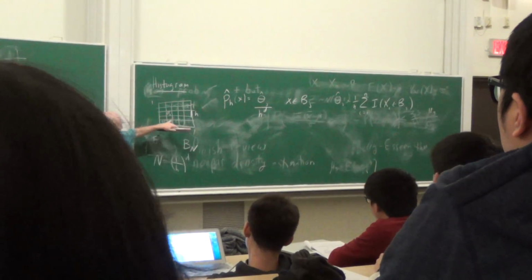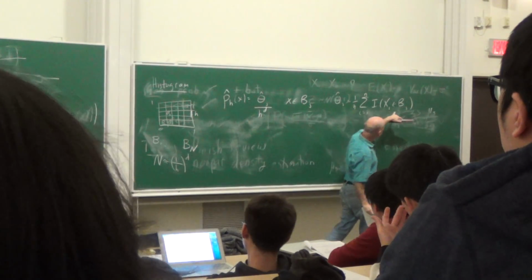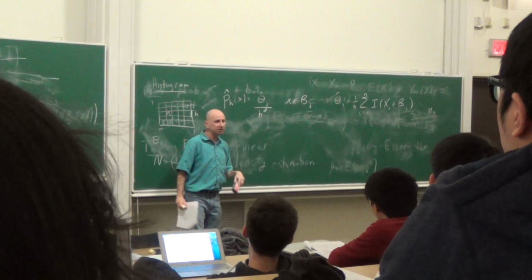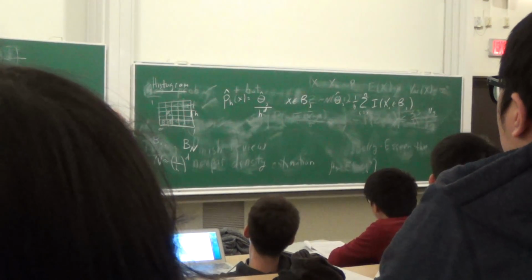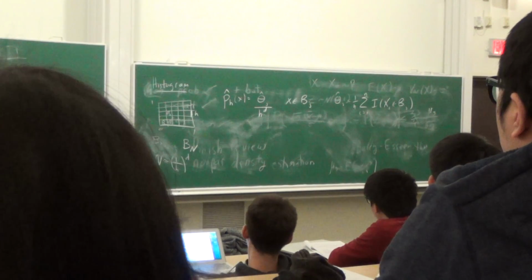All I'm doing is counting the number of observations. So this is the proportion of observations in that bin. Why do I divide it by h to the d? So it integrates to 1, right?